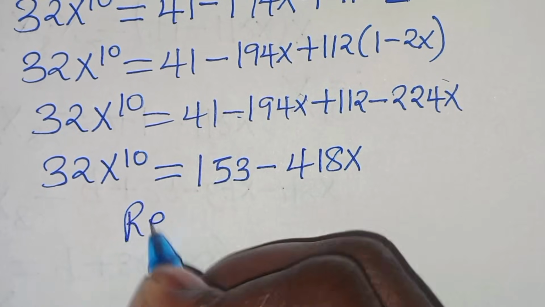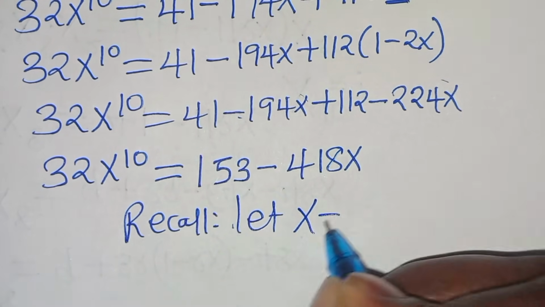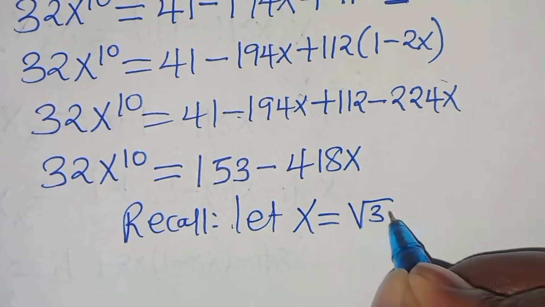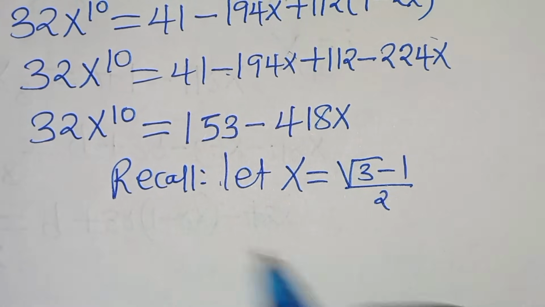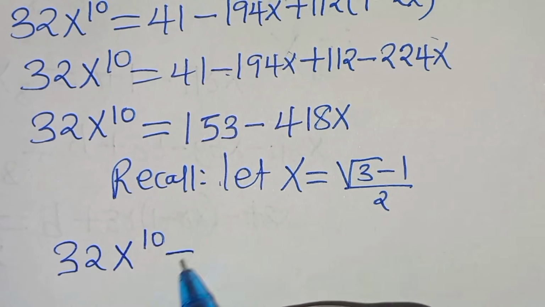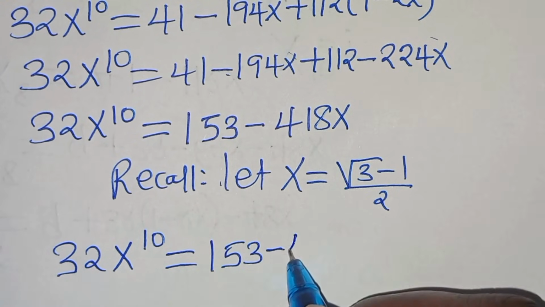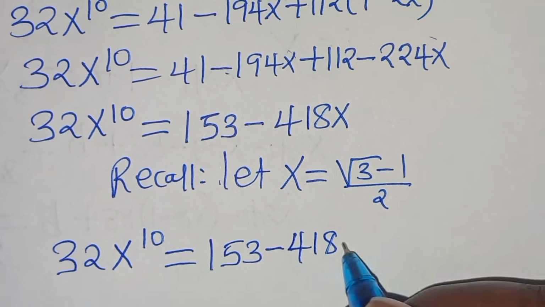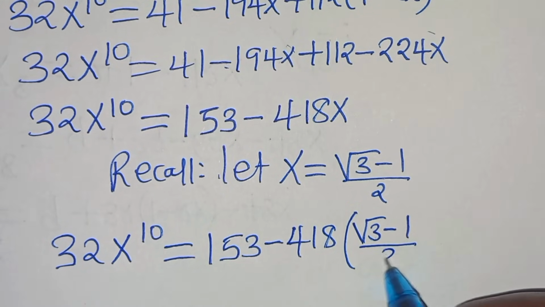Now, if you recall, we are saying that let x be equal to square root of 3 minus 1 over 2. Let's substitute x so that we have 2x to the power of 10 equal to 153 minus 418 multiplied by square root of 3 minus 1 divided by 2.